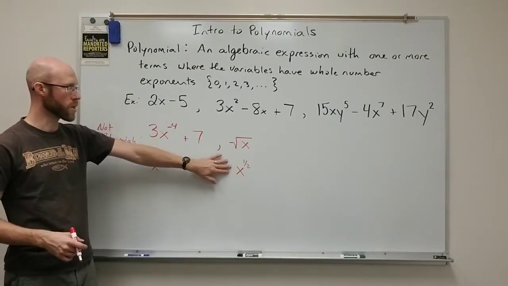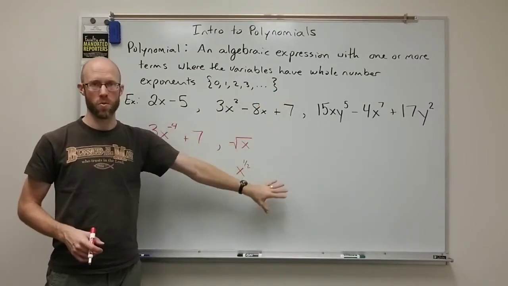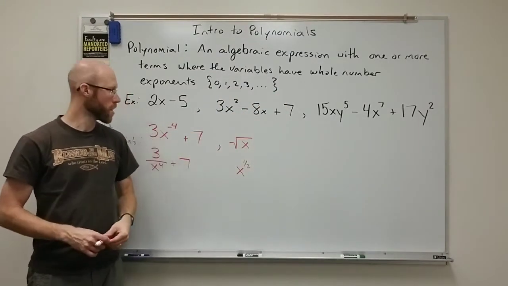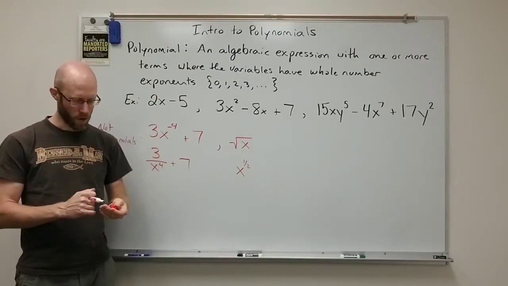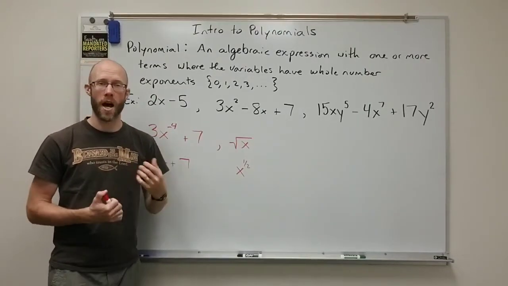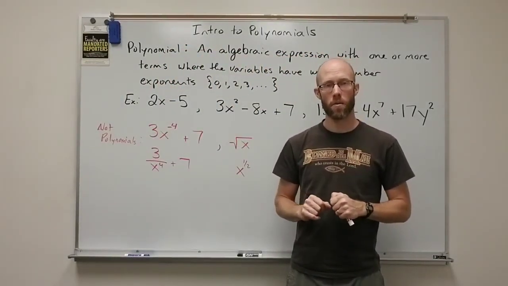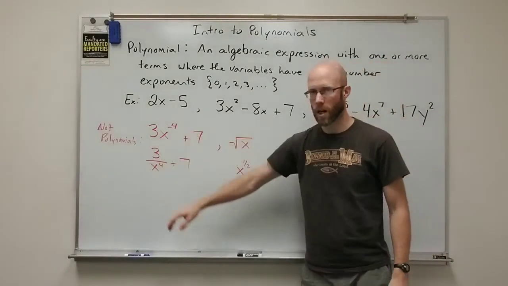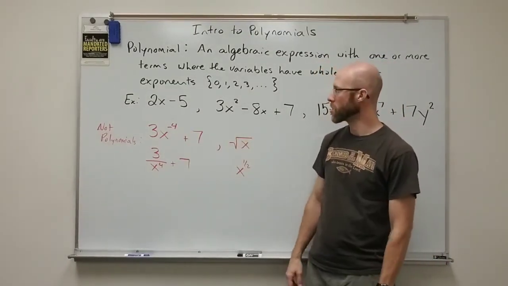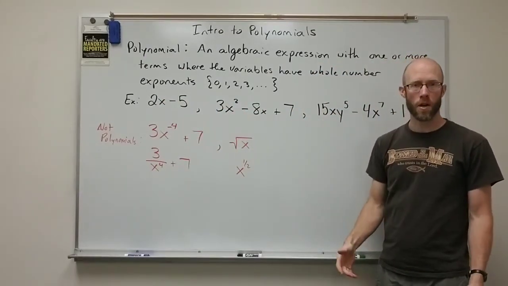And so for this reason, these fractions don't fit into the list of whole numbers, so this would not be considered a polynomial. Okay. There are many other types of functions that are not polynomials that we will be discussing later in this semester. But for right now, these are just a couple of examples. Just know that as long as the powers are nice whole numbers, we've got a polynomial.